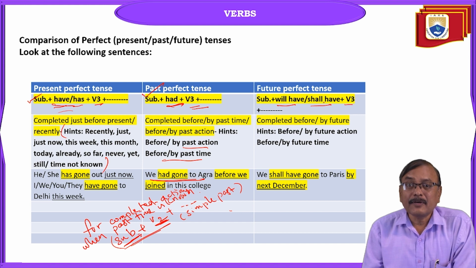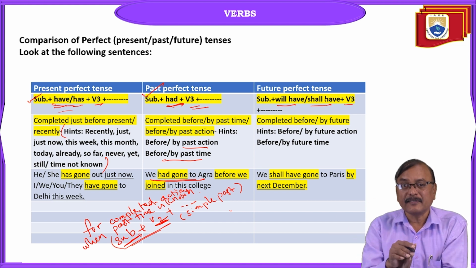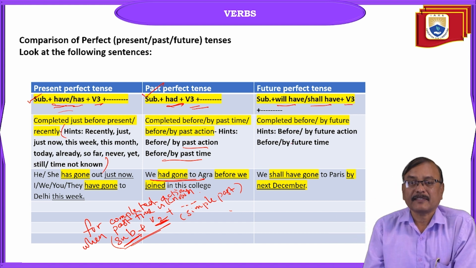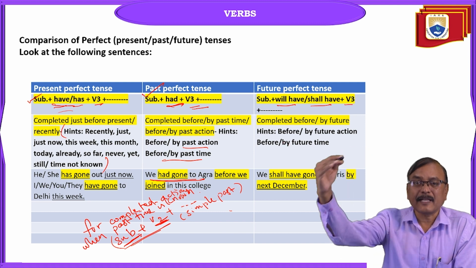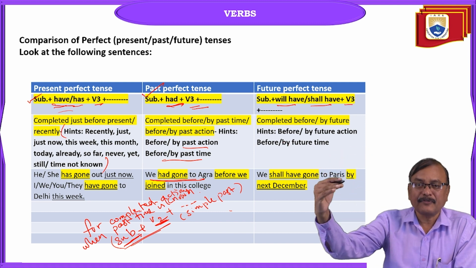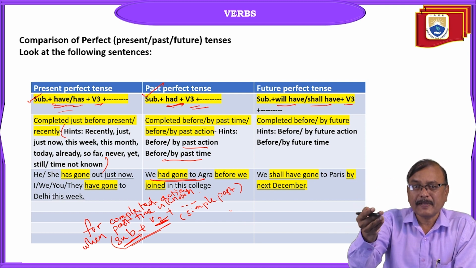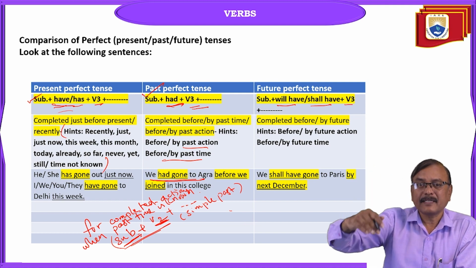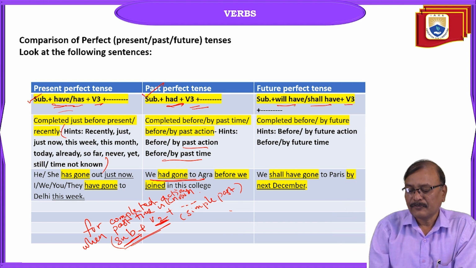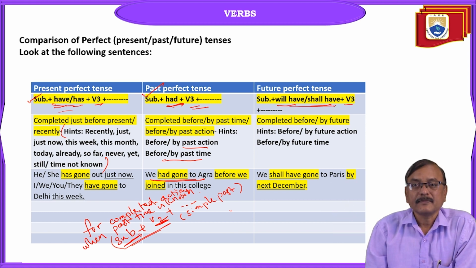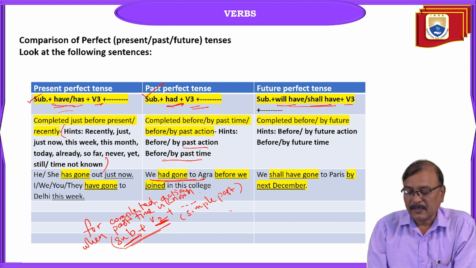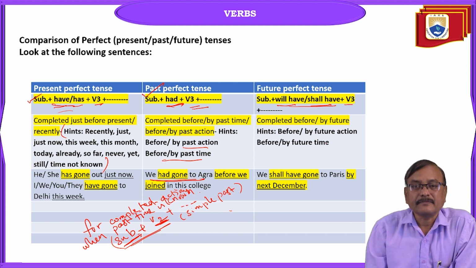If the actions are going to be completed before future, okay, future perfect. Means before or by certain time in future, if the actions are going to be completed, not to take place, they should be completed by certain time in future, that is future perfect. Hence before or by future action or future time.